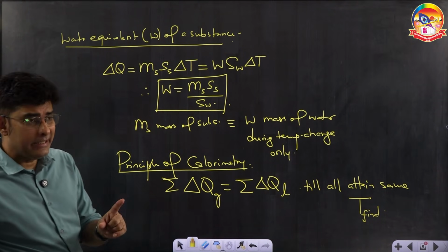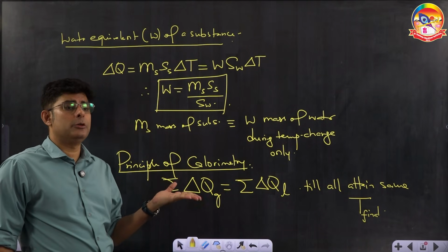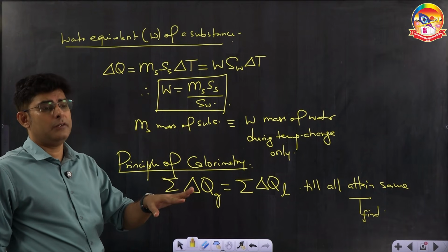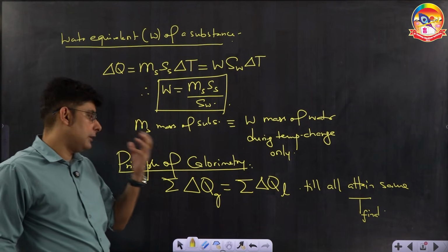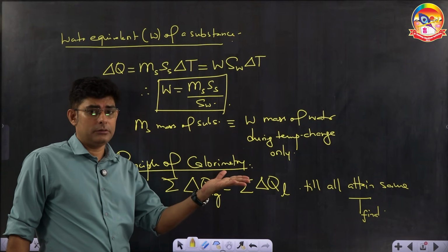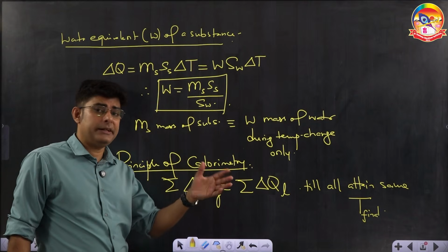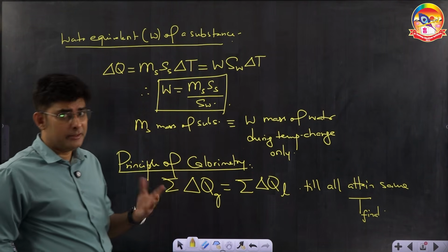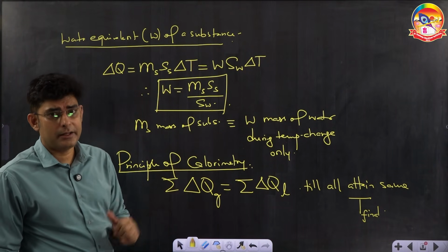Whenever we are writing gained heat, remember, if you are changing the state, heat is gained when you melt a solid or boil a liquid. On the reverse, if the liquid freezes, it is leaving out heat, it is losing. And when steam or gaseous state is converted to liquid state, there also heat is lost. Whereas during temperature change, if temperature rises you write gain, if temperature falls you write loss.